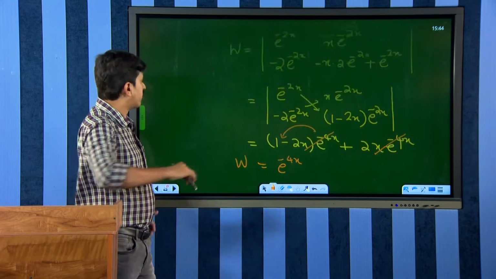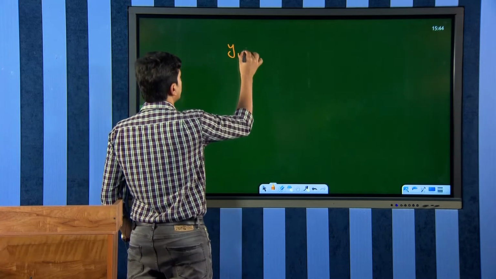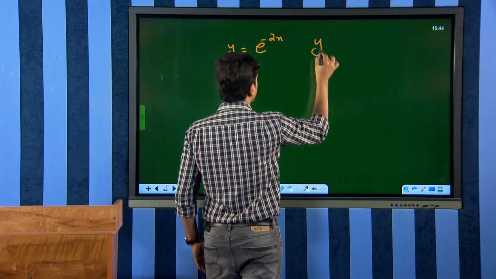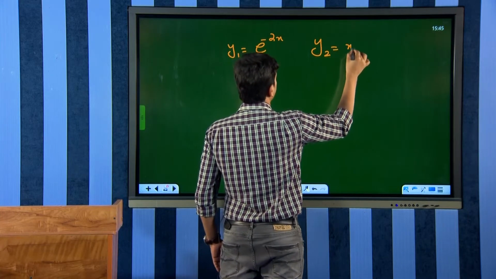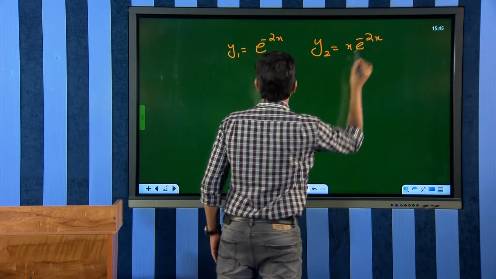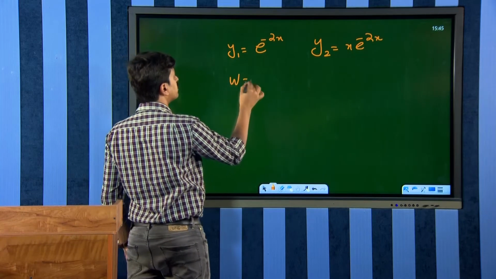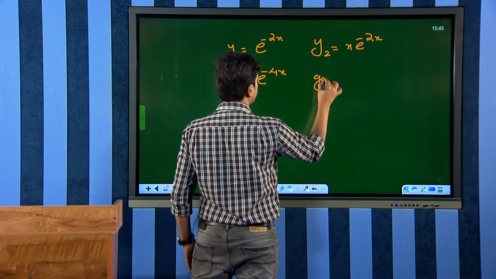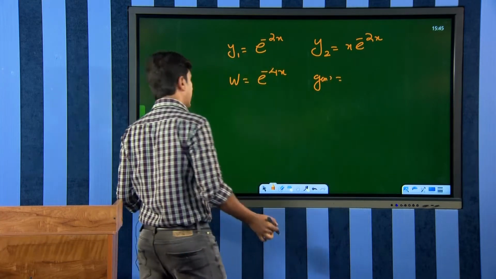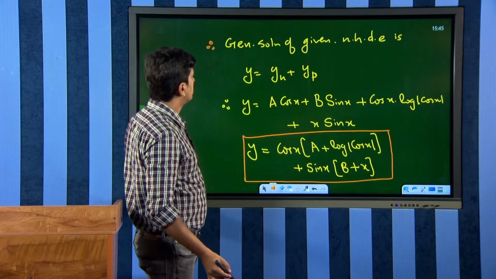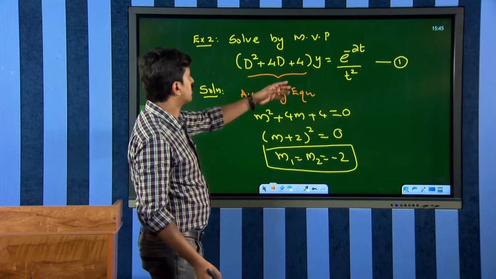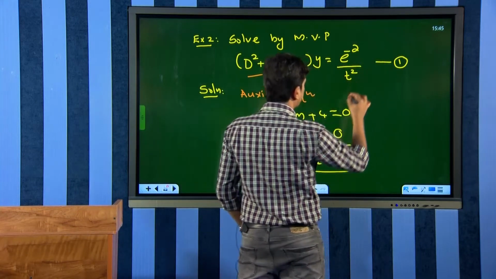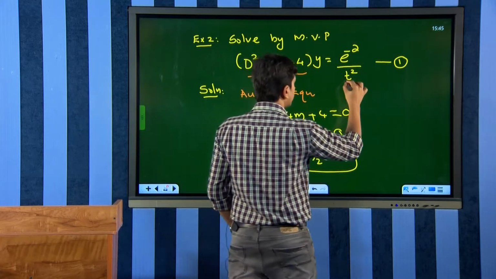So we have y1 = e^(-2x), y2 = x e^(-2x), Wronskian W = e^(-4x), and g of x is equal to... Come back to the solution. Instead of t, I would like to replace this as x.